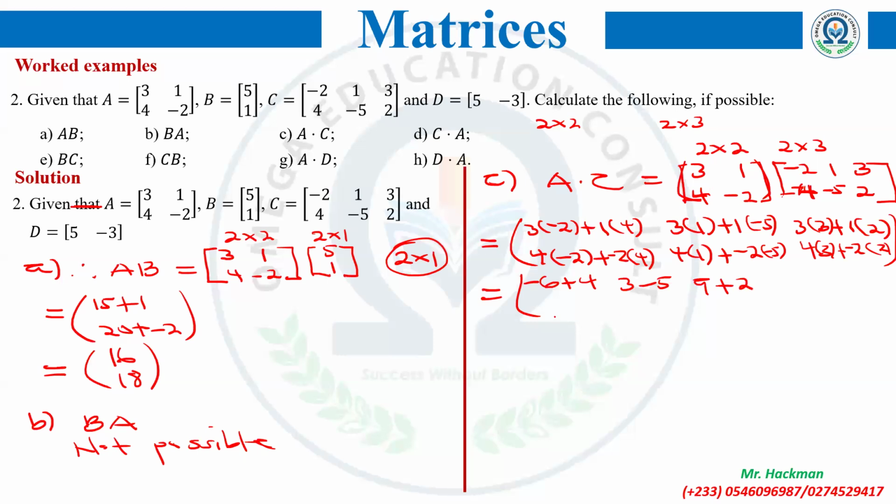Then -8 plus 8, 4 plus 4, 2 plus 10, 12 minus 4.